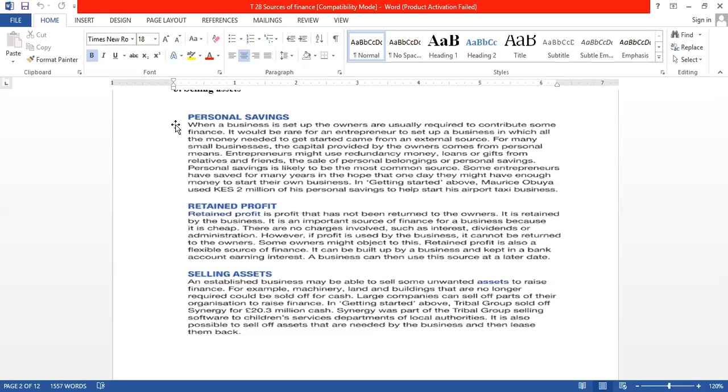It's very quick cash. But the main disadvantage of personal capital is that sometimes it is not sufficient. It depends on the person. Sometimes it's not enough for you to start a new business. It's a very small amount. That's why they go to other sources, like asking for a bank loan.